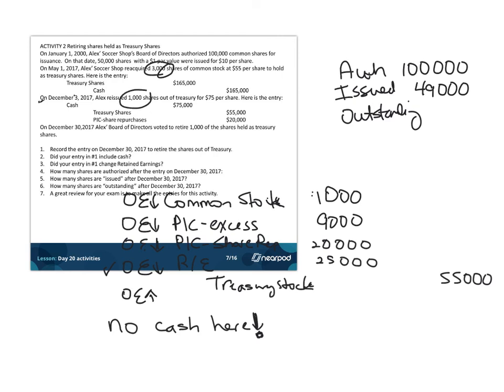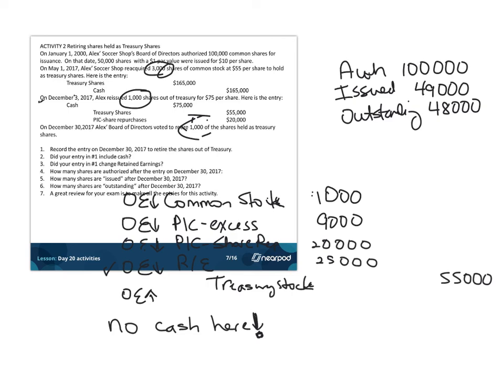We reissued 1,000, so that would leave 2,000 in the drawer. And then we retired 1,000 out of the drawer. That would leave 1,000 in the drawer. So there's 1,000 treasury shares, which means our outstanding are 1,000 less than our issued, so 48,000 outstanding.